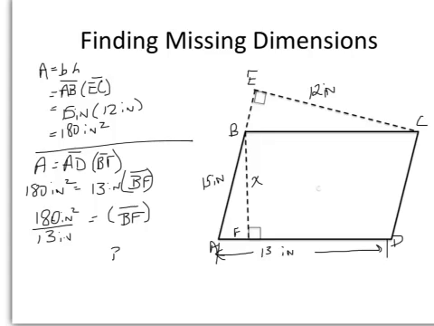Which ends up BF is a segment that's about, the little squiggly equals here means about, we're approximating here, 13.84 inches. Okay? So that is the segment length for BF that we did not know.